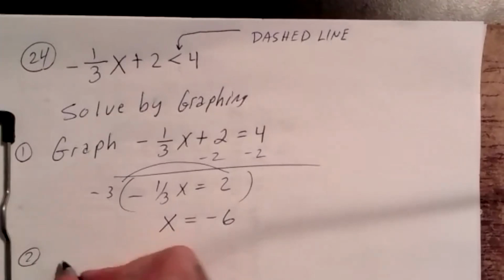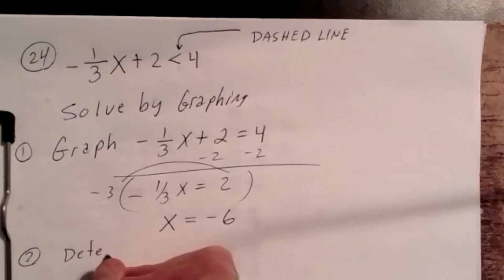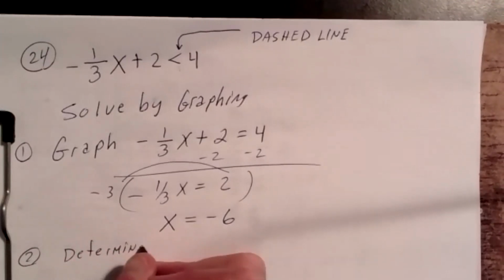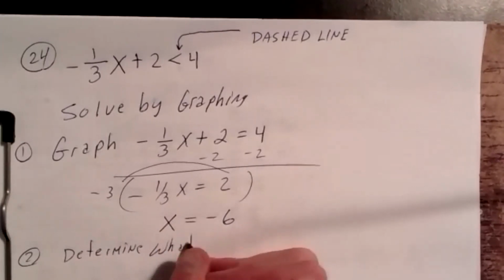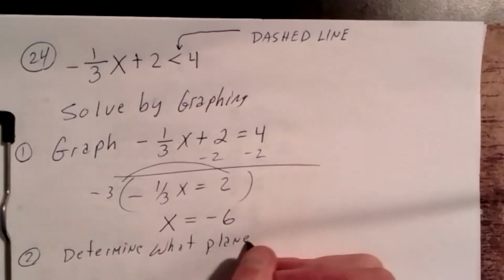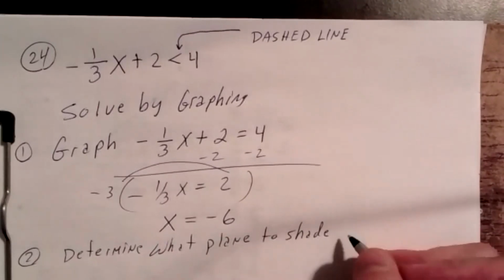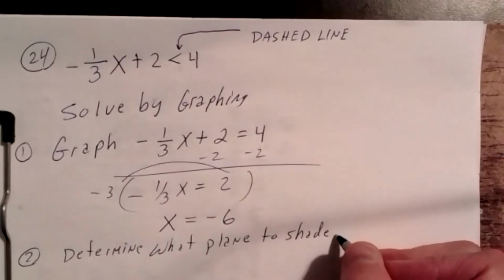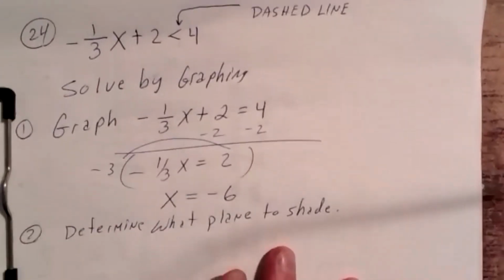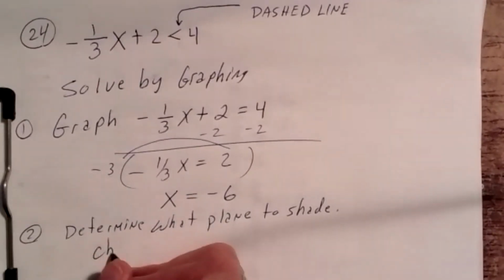Second step now is we need to determine on what side of our line to shade, what plane to shade. To determine that, we choose a convenient test point.